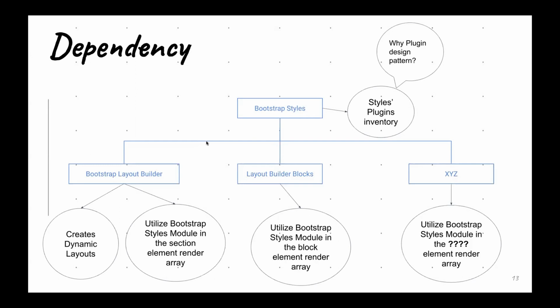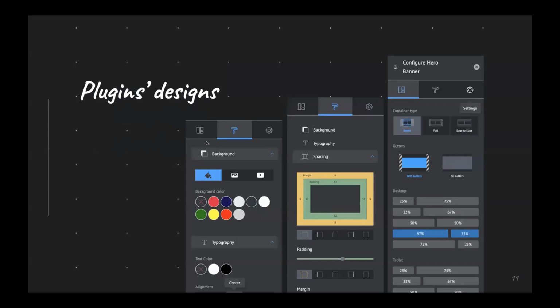If we return back to this image, we can imagine the background that appears on the left image as a plugin group. When you jump down and see background color, this is a style plugin.